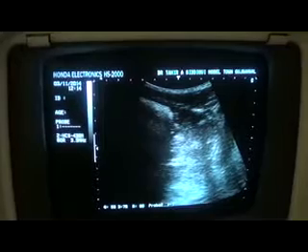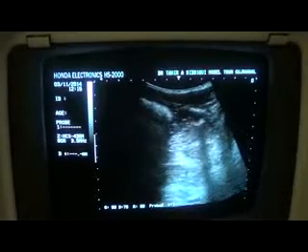Hardly you can see movement in this segment.